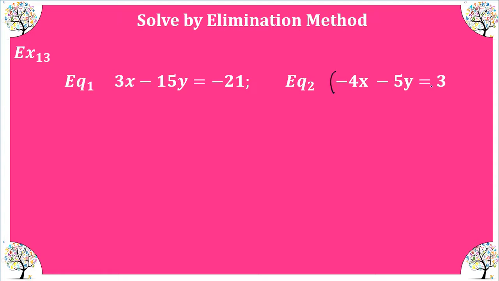So I had to think, what am I going to do to make this a positive 15y? And that would be multiplying by negative 3. So I'm going to multiply every term to make an equivalent equation. This gives us 12x plus 15y equals negative 9. Now I'm going to combine my new equation 2 with my original equation 1.